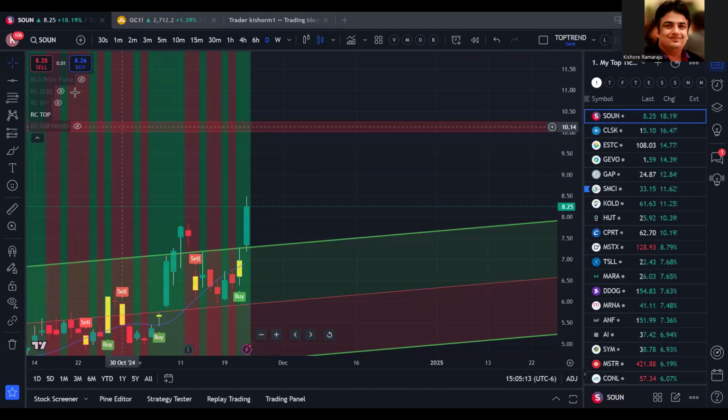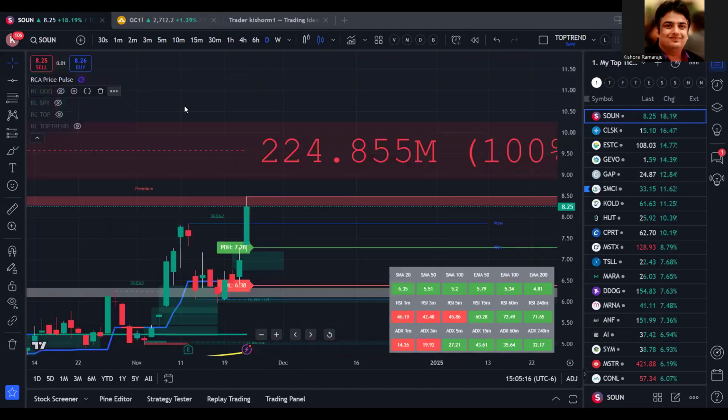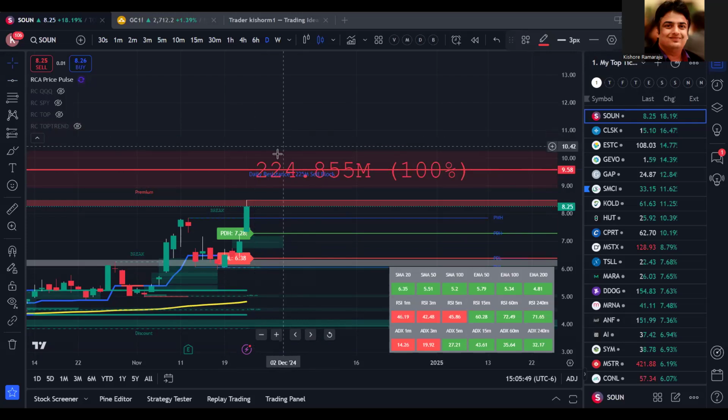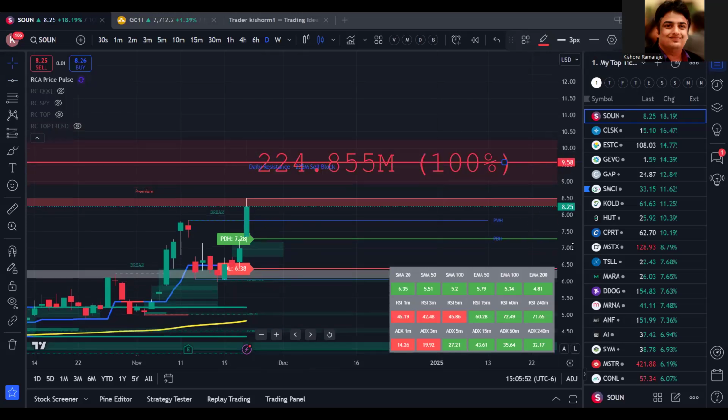We have huge resistance here. There are a lot of sell orders. So you can see there are nearly 224,000 at 0.855. So now you can put this as your resistance. So whenever price touches this, when price comes here, you do a bear call spread or you can buy the puts, right?